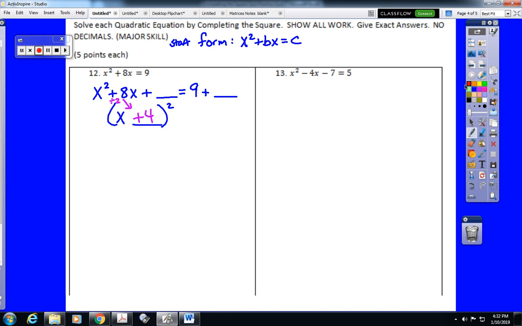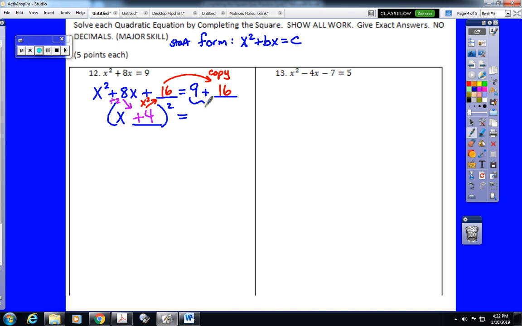Then we need to take that 4 and we need to square it to get 16. Whatever number we add to the left side, we also have to add to the right side. So that process is divide by 2, square, copy. That keeps the equation balanced, and it turns the left side into a trinomial that factors into the binomial squared, just like we did on the previous section.